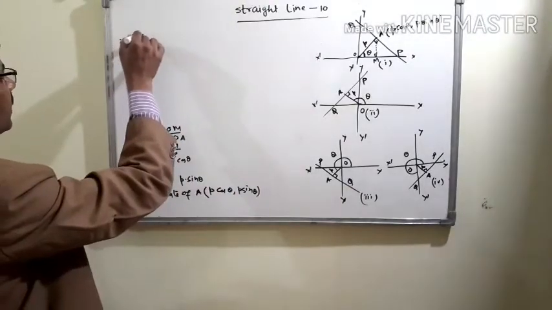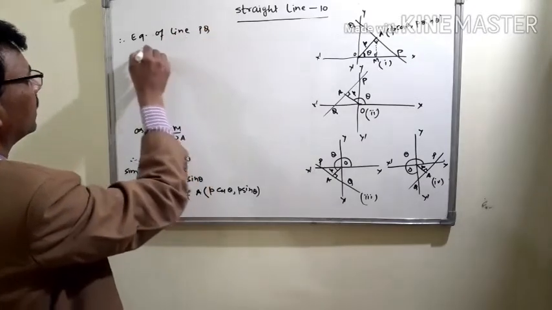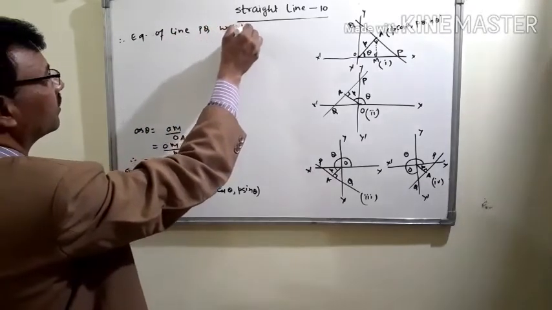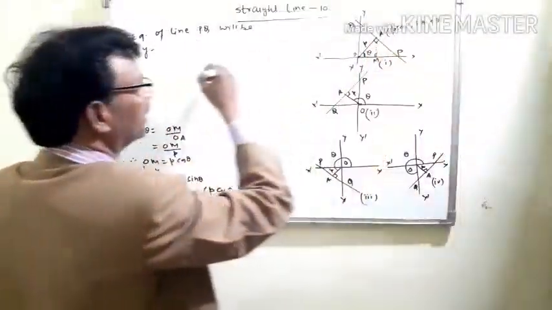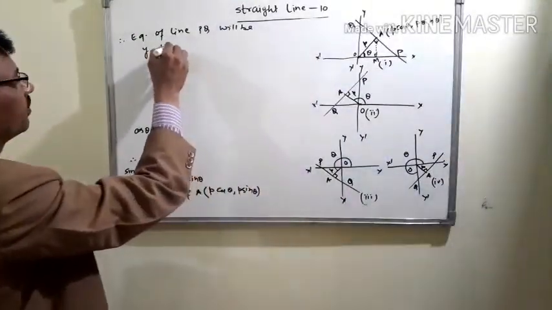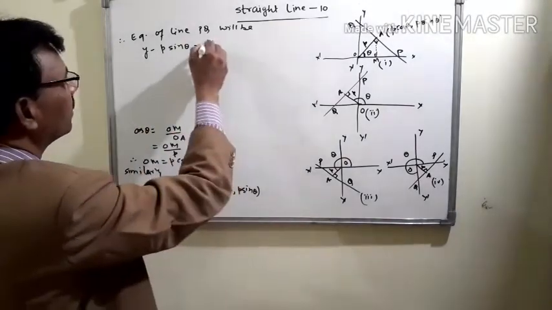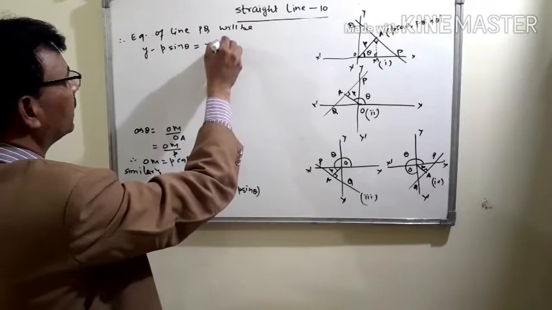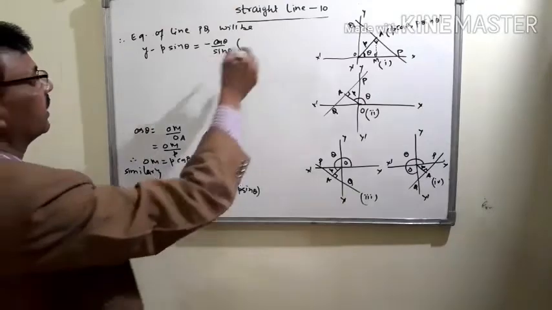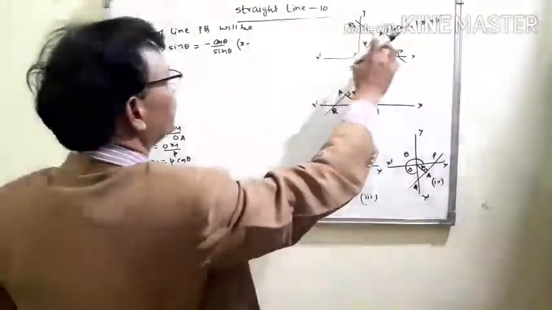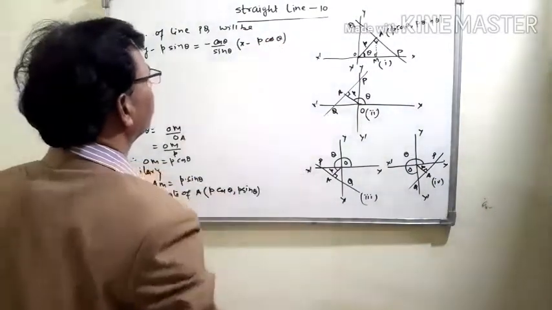Therefore, the equation of line PQ will be y minus y1, where y1 is p sin theta, equal to m, where m is minus cos theta upon sin theta, into x minus x1, that is, x minus p cos theta.